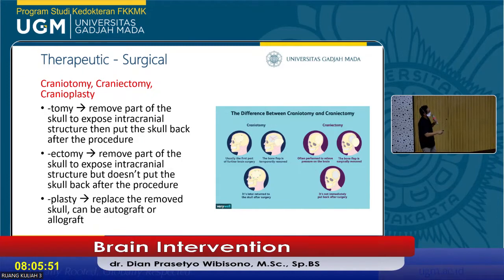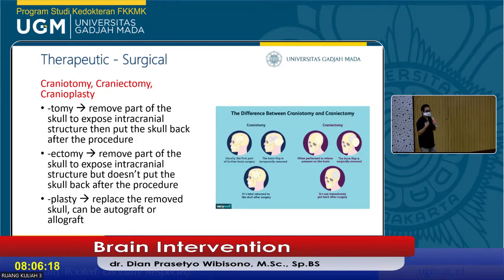Craniotomy is removing part of the skull. We remove part of the skull with a burr and a craniotome. It's like a knife, but specific for the bone. It is used to expose intracranial structures. Is it the dura? Is it the brain parenchyma?